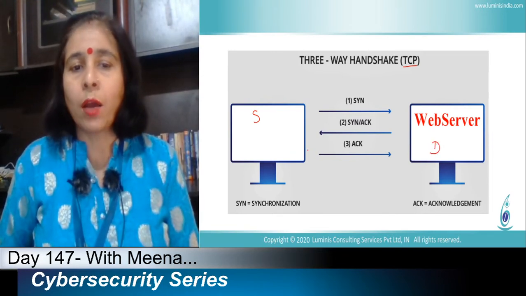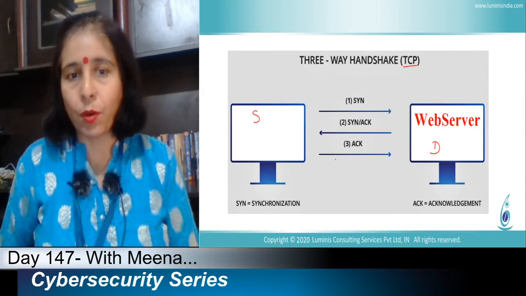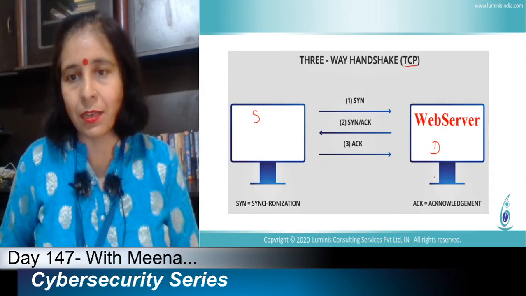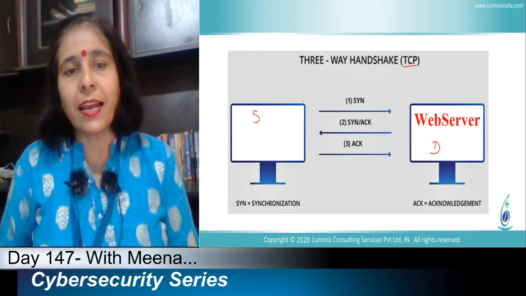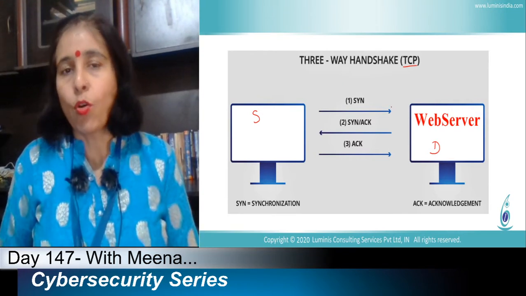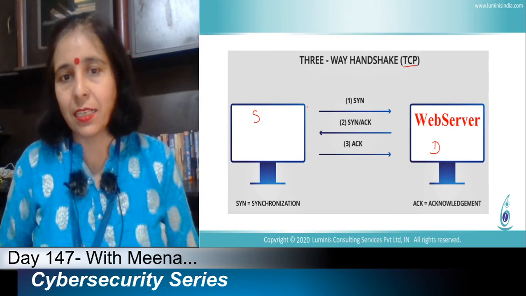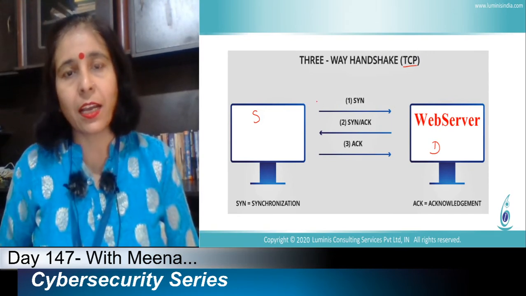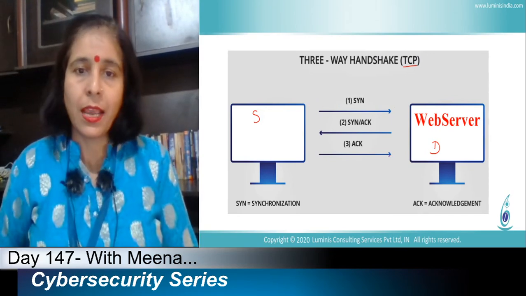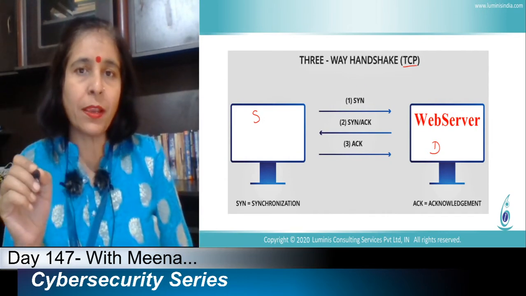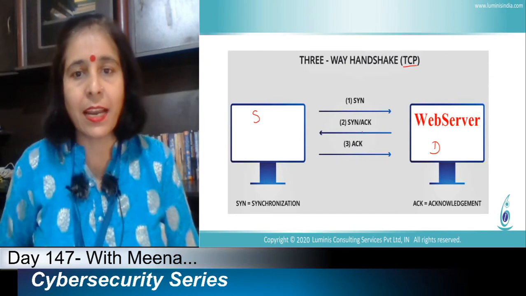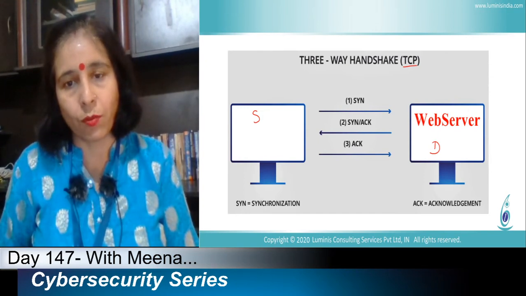Before the transmission happens between the client and the server, they will send a SYN message to start the initiation. That will take a random number, and in the TCP SYN field they will send a message to the server.